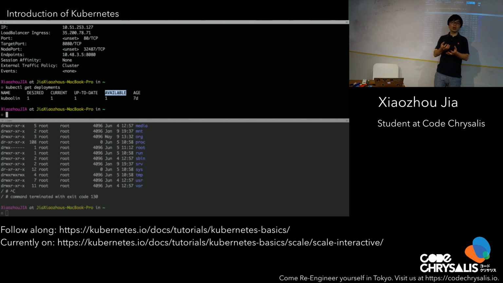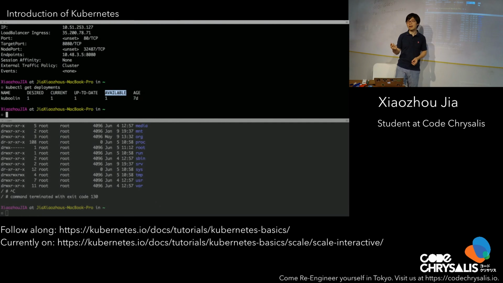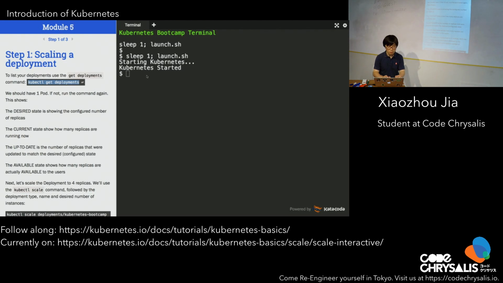Imagine we start a new pod, but it's not available yet to our customers. Maybe it has a long starting time. For example, if you are running a JVM application, JVM startup usually takes more than 10 seconds.